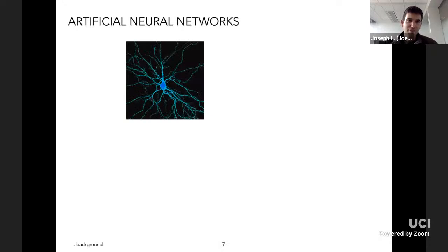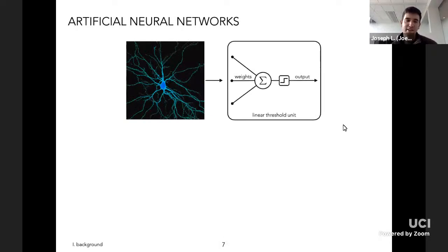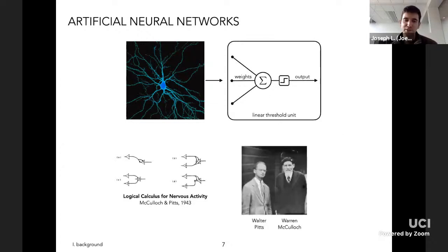When we look at biological neurons, the trend has been to abstract them into really simple computational elements consisting of weights, summation, nonlinearity, and output. This is generally referred to as a linear threshold unit. The origins of this go back to a 1943 paper by McCulloch and Pitts called A Logical Calculus of the Ideas Immanent in Nervous Activity.